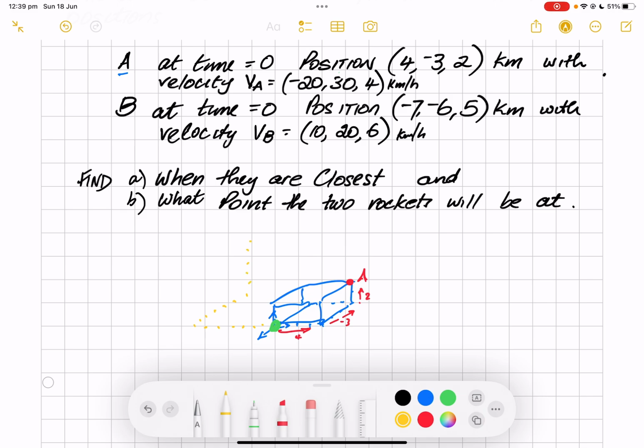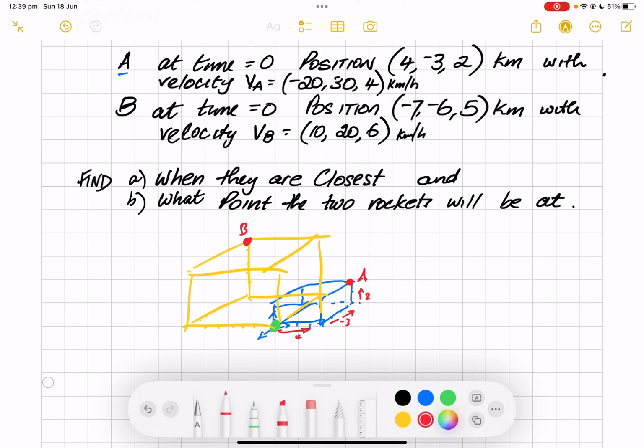So it starts at a higher altitude. I make this little three-dimensional box here. And B starts in this position up here. Now, they're all sort of like kilometers apart.